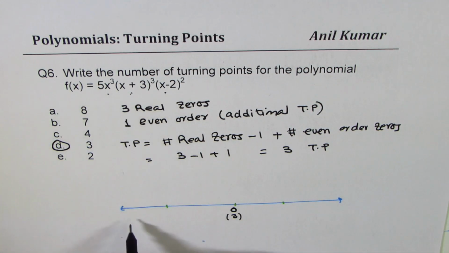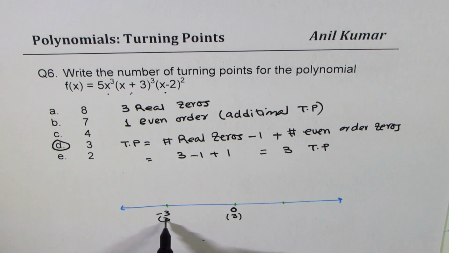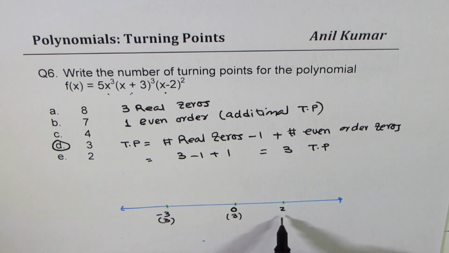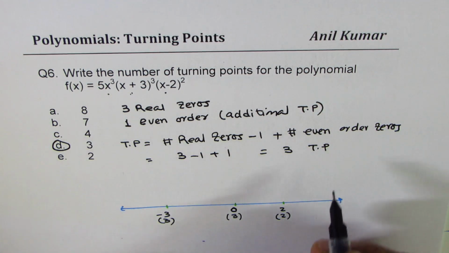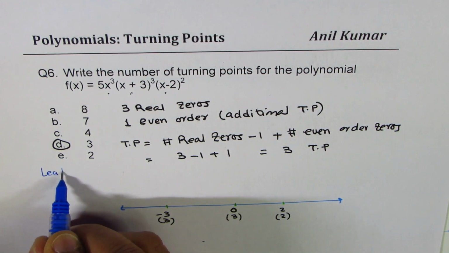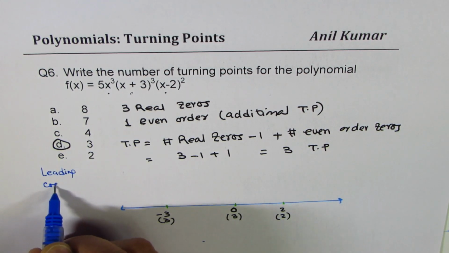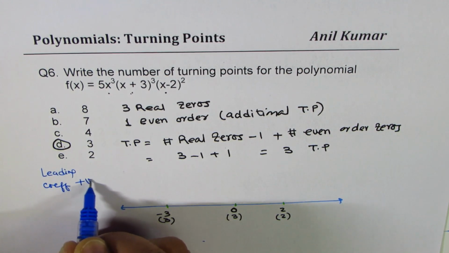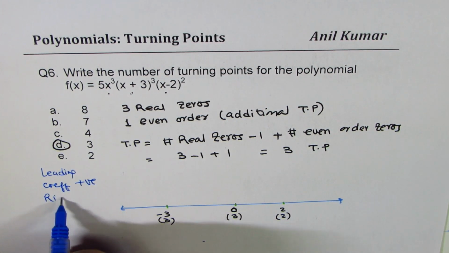Then we have a zero at minus 3, whose order is also 3, and a zero at 2 with order of 2. Leading coefficient is positive, right? So right up.